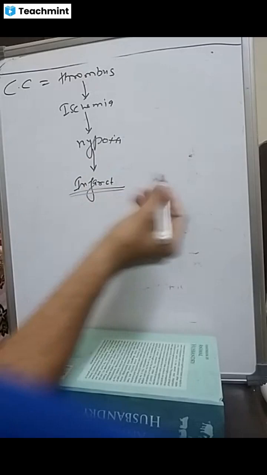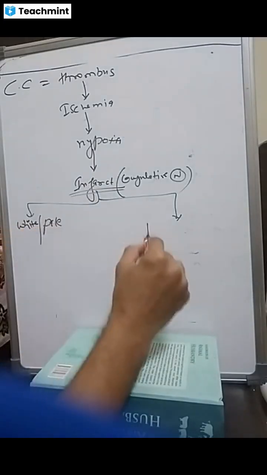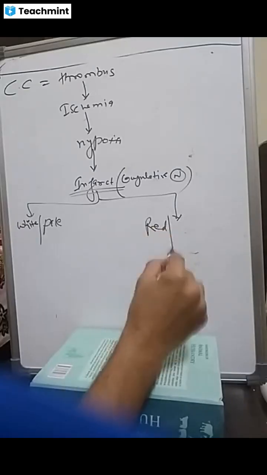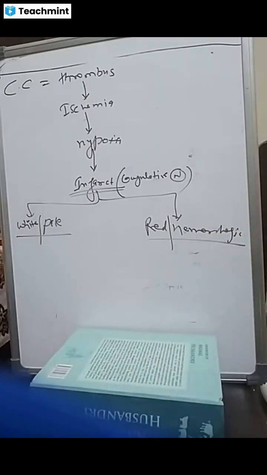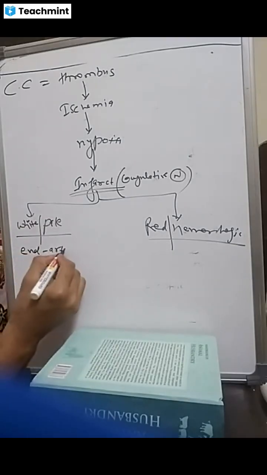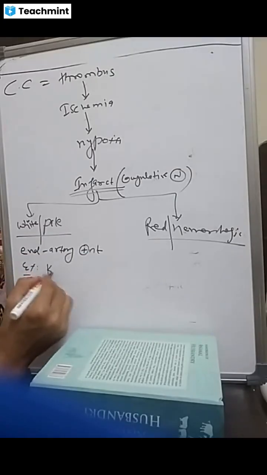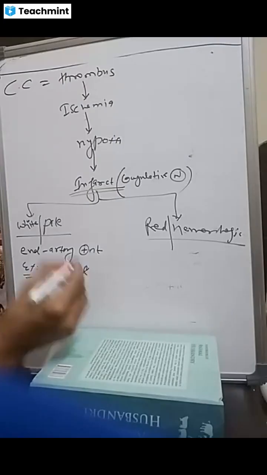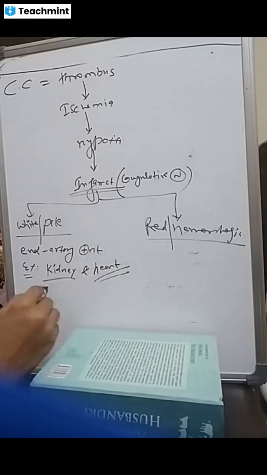This infarct is of two types: white or pale, or red or hemorrhagic. The white infarct is found in organs with end arteries, for example kidney and heart.